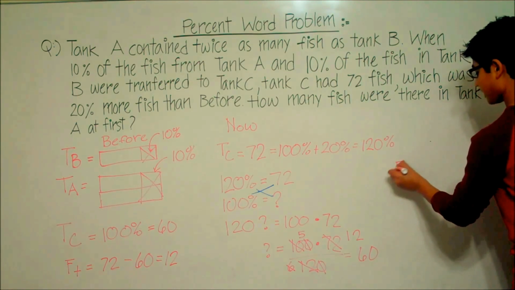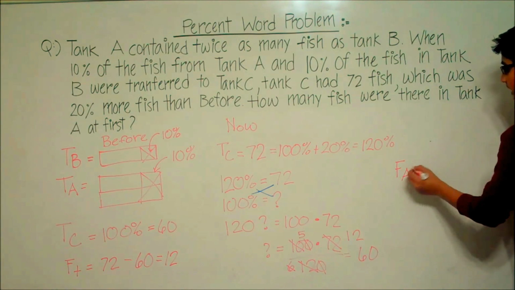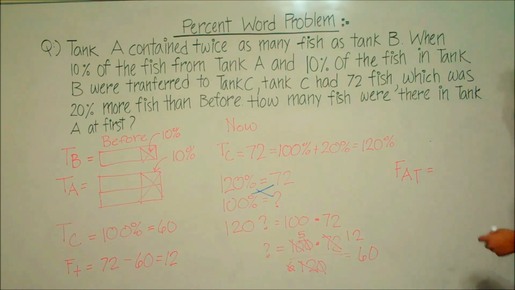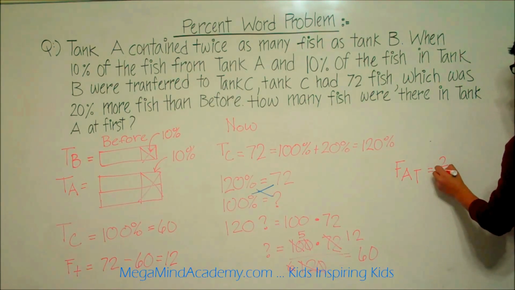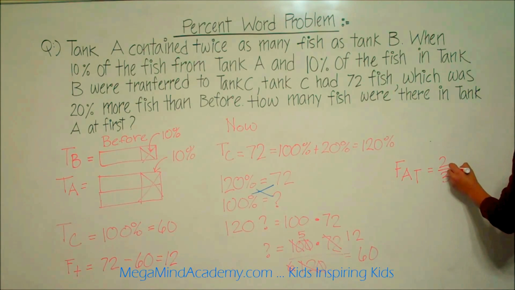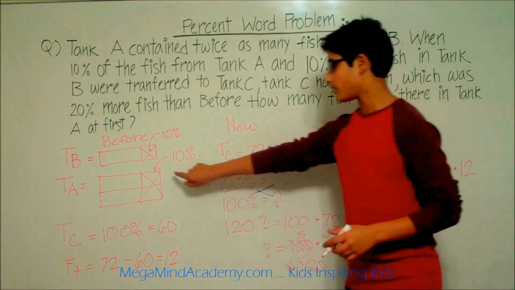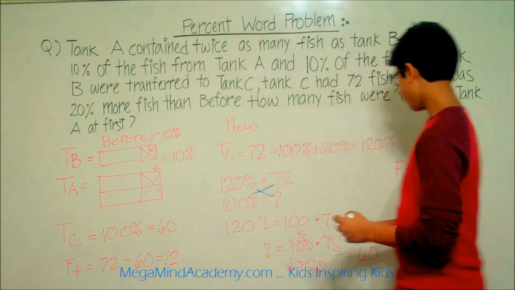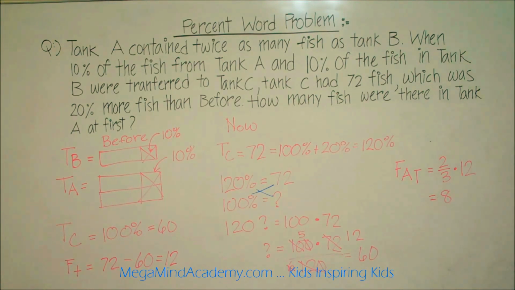So the fish in Tank A that were transferred, F for fish, A for Tank A, T for transferred, is equal to 2/3 of 12. Now the reason it is 2/3 is because we transferred 2 units out of the 3 units that were transferred. So this is equal to 8.